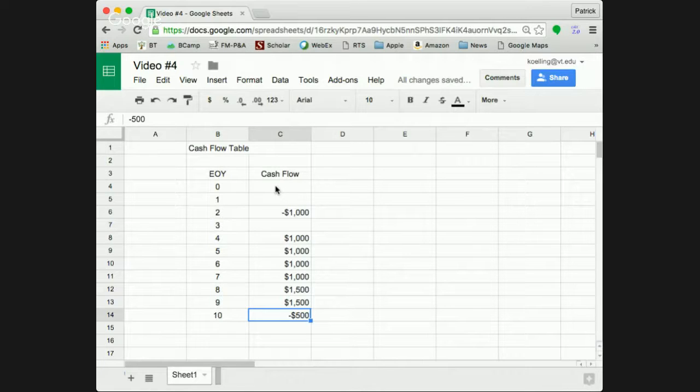I hope that's pretty clear how we translate and transfer from a cash flow diagram to a cash flow table. Let me now pull up that figure 4.2 and just discuss that briefly, because there are some things that we need to look at.